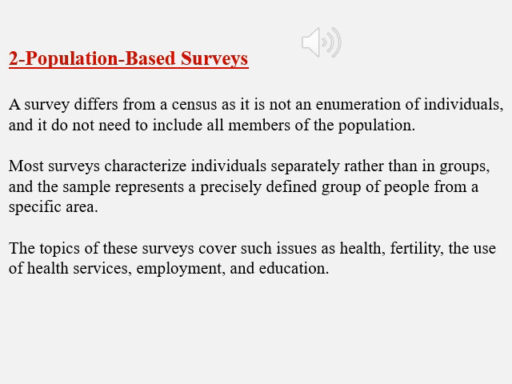And sometimes it may include all the country and be a national survey. So the survey may collect information about health, fertility, and the use of health services, and the information can be used for demographic measures.